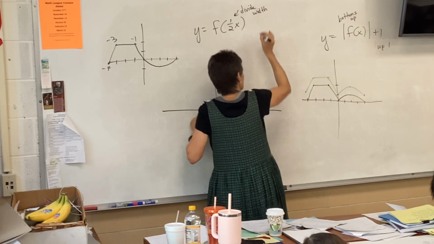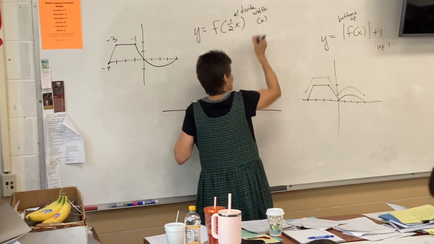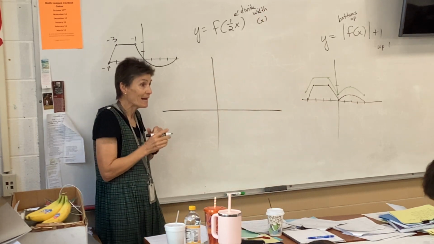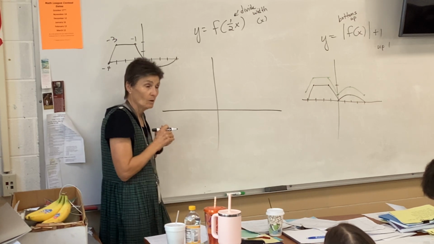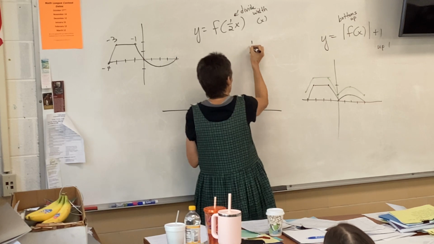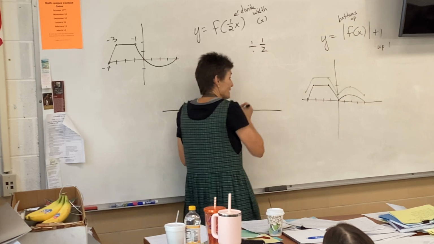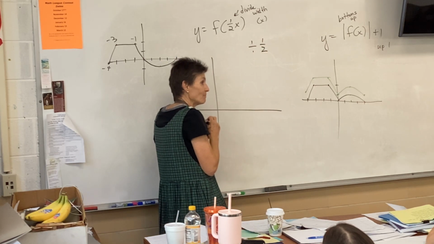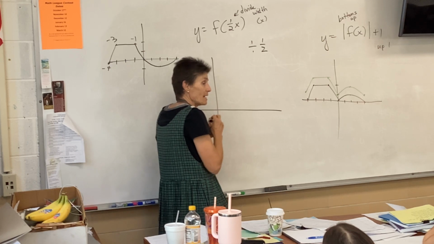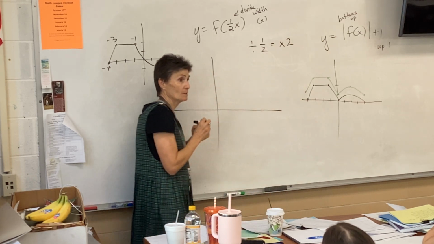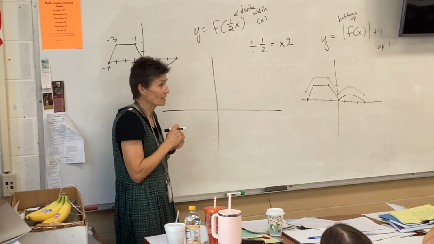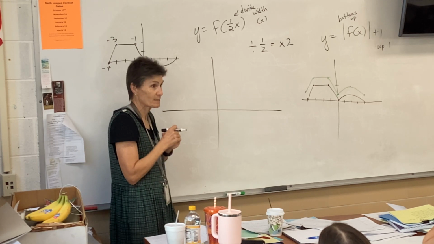Now, that means that every x is going to be divided by a half. Wait a second, guys. What does divided by a half mean? Divided by a half is the same as times 2. Isn't dividing by a fraction multiplying by its reciprocal?